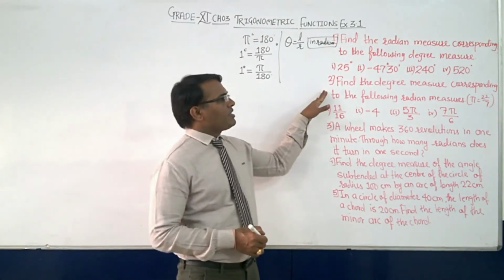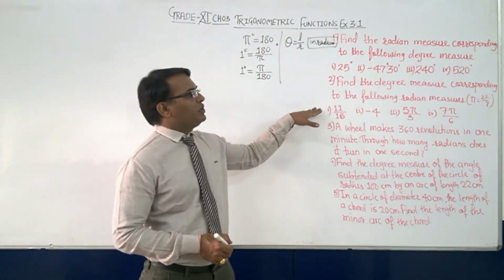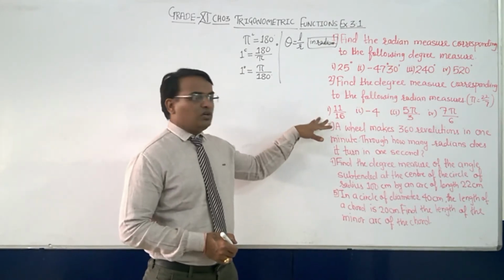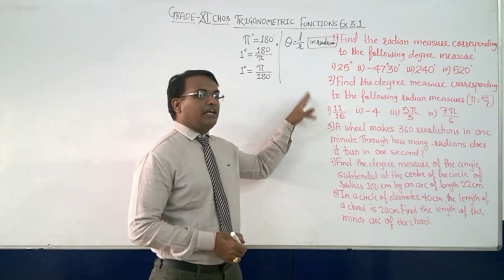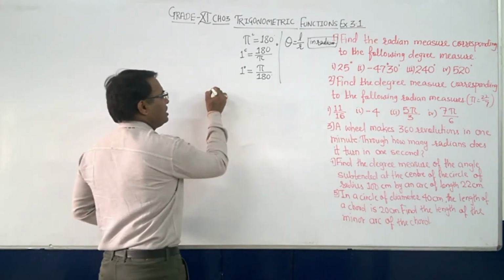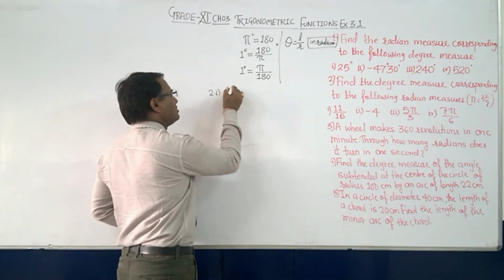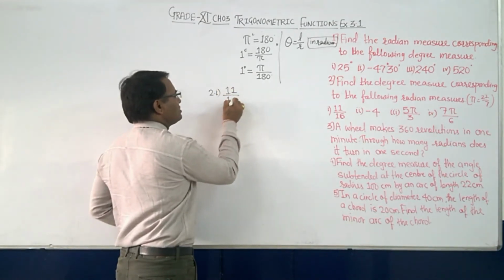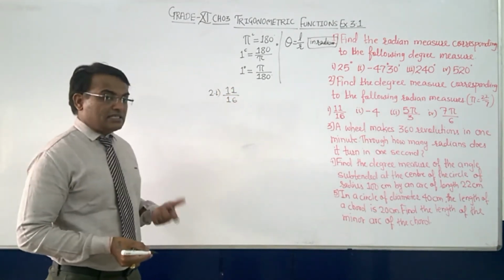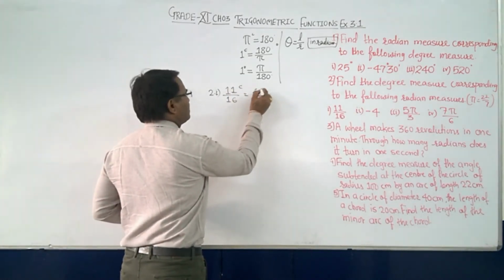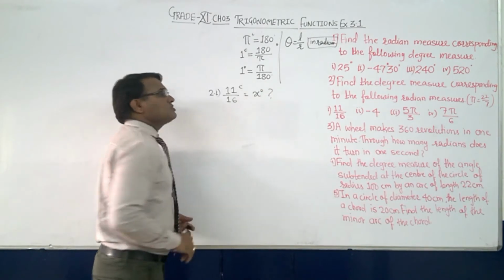Question number 2. Find the degree measure corresponding to the following radian measures. Now these are given in radians, and now we will be finding them in degrees. Okay, so this is 2, and the first sum is 11 upon 16 radians is equal to how many degrees, or x degrees, you can write it like this also.